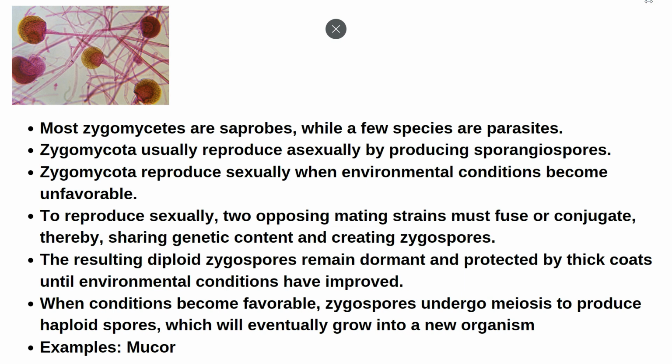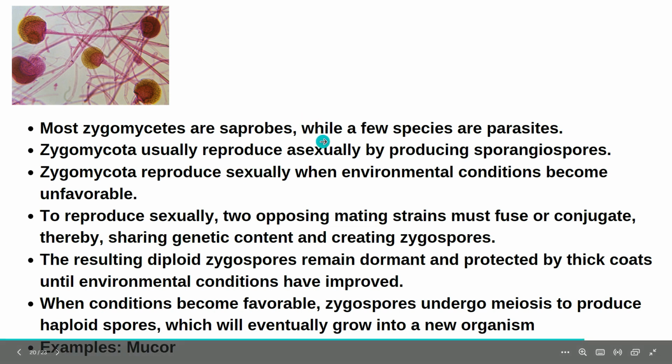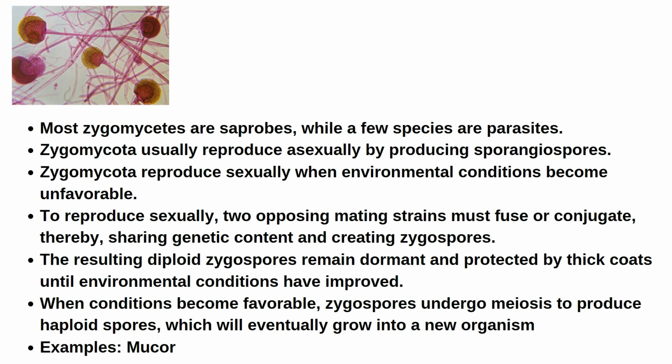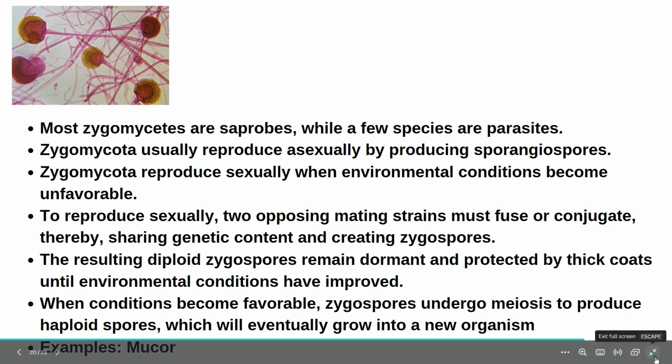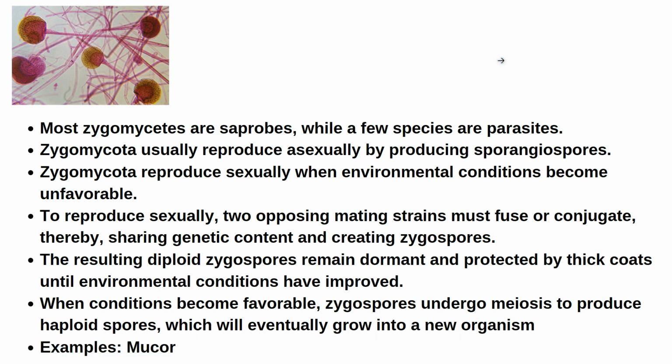Moving on to zygomycetes. Zygomycetes are saprophytes and some are parasites. My dear students, you might have noticed that in almost all the classes, one thing is common: the majority of them are parasites and saprophytes. So keep this sentence as common in all the classes of fungi. The Zygomycota usually reproduce asexually by producing sporangiospores, and sexual reproduction takes place when the conditions are unfavorable.